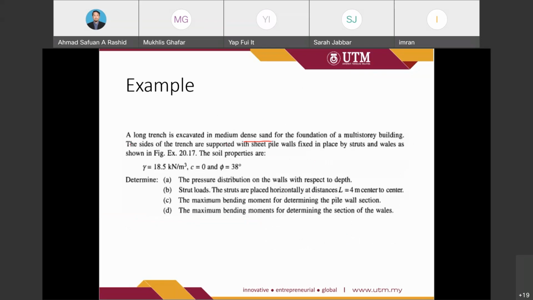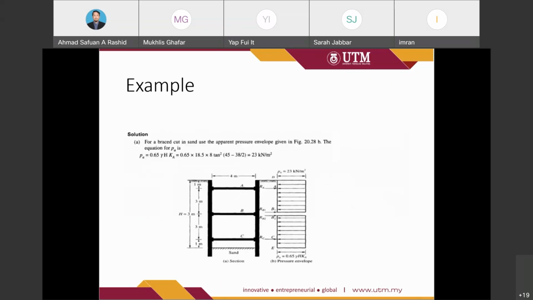So a long trench is excavated in medium dense sand for the foundation of a multi-story building. The sides of the trench are supported with sheet pile wall fixed in place by struts and wales as shown in figure 20.17. So this is the example.